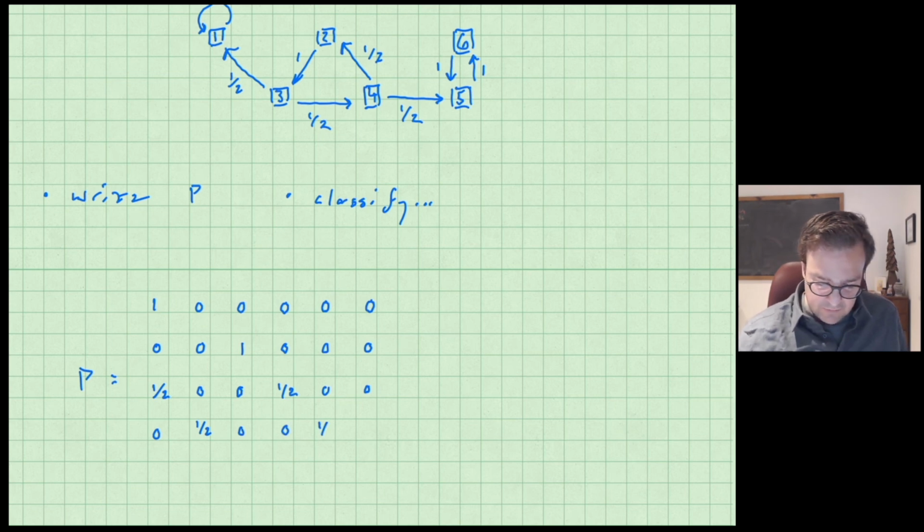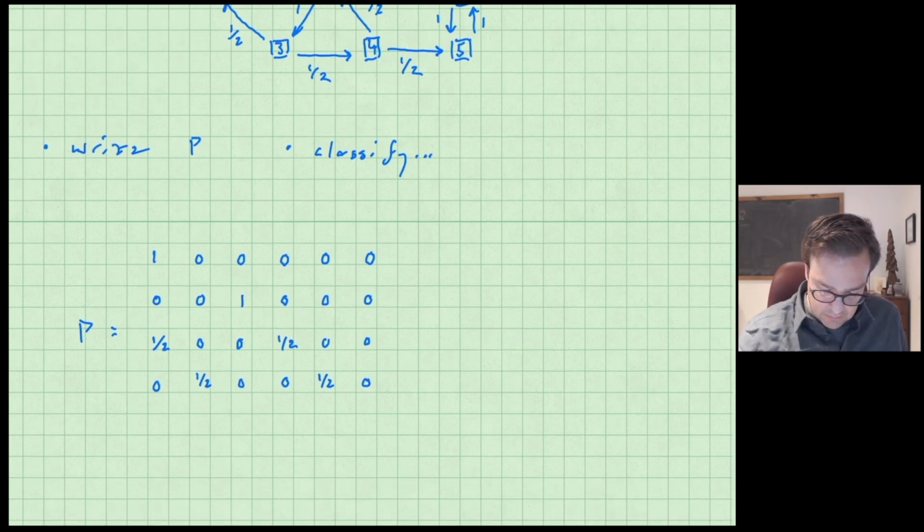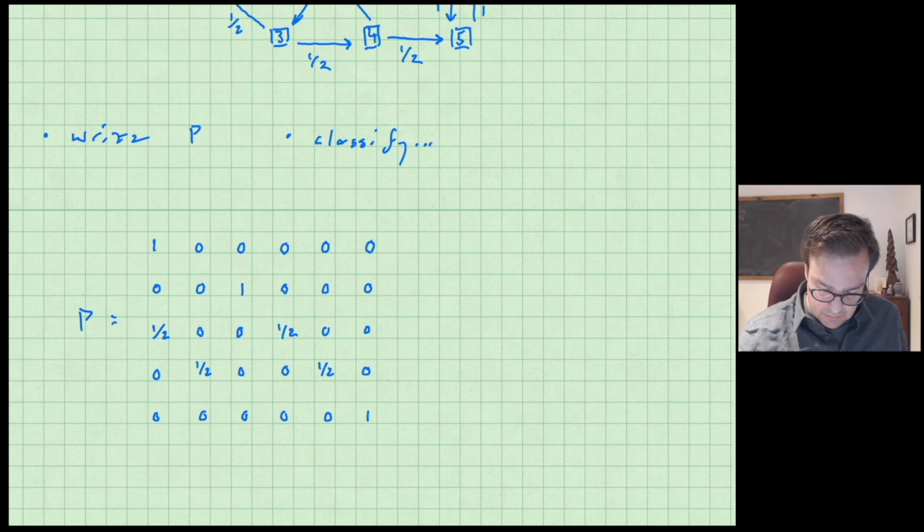And then state 5, you can only go to state 6, and from 6 you can only go to 5. Like that.